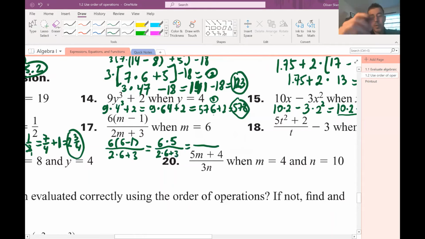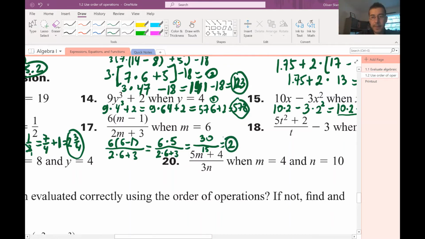When we have a numerator and denominator, you can imagine hidden parentheses. So we have to do the numerator first, treat it as a grouping, and then treat the denominator as a grouping, like in parentheses. So 6 times 5 is 30, and then 2 times 6 is 12, and then plus 3 is 15. So 30 divided by 15 is 2. So 17 should be 2.